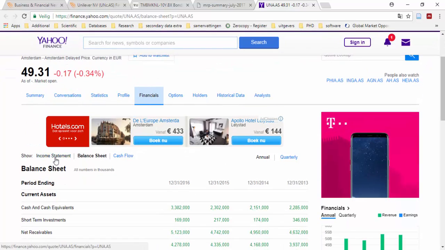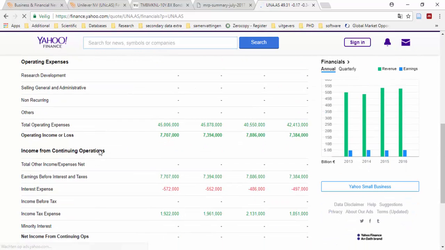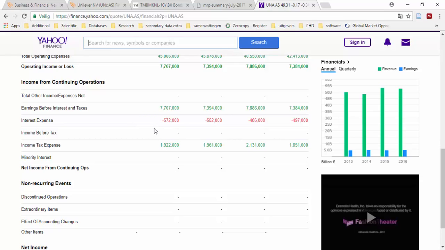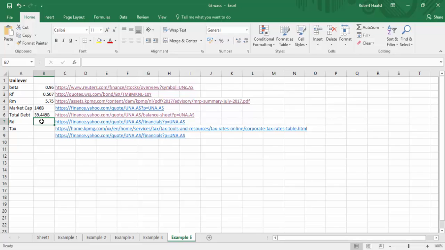We have here also the income statement. In the income statement we find the interest expense, which is 572. So let's go back to Excel. 572 divided by the 39,449 total debt, which is a cost of debt of roughly 1.5%.